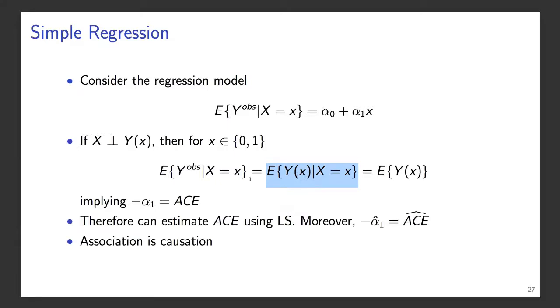And why is that? Because conditional on treatment being little x, the observed y's are just equal to the potential outcomes Y of x. And then by ignorability, X is independent of the potential outcomes, so this would equal the marginal expected value of Y of x.